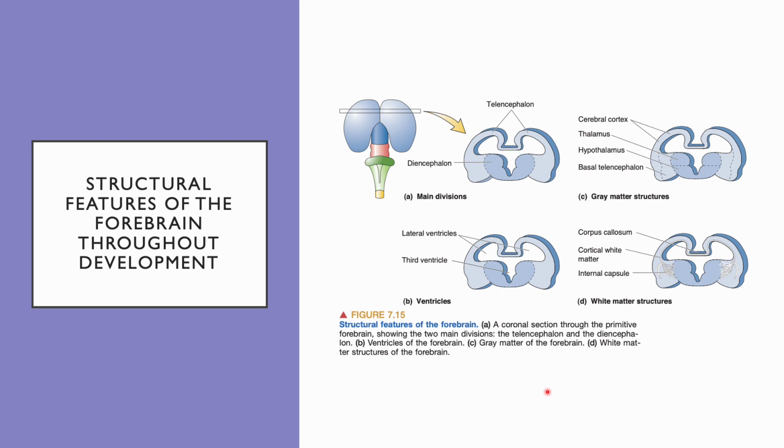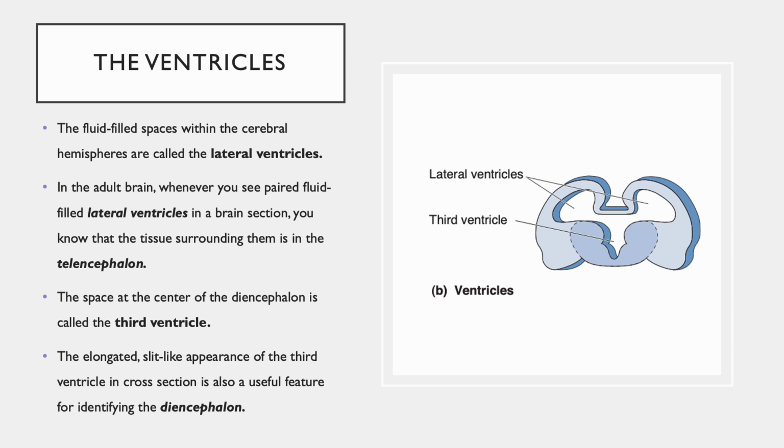Obviously, ventricle development plays an important role in our developing brain. Remember that the ventricles are these fluid-filled spaces filled with cerebral spinal fluid, or CSF. And so CSF can develop in the lateral ventricles, as shown here, and in the third ventricle.